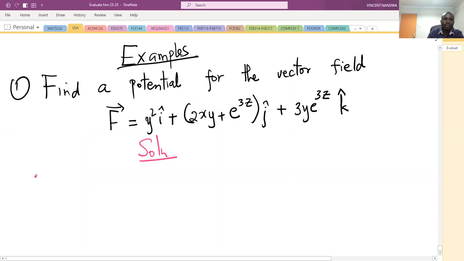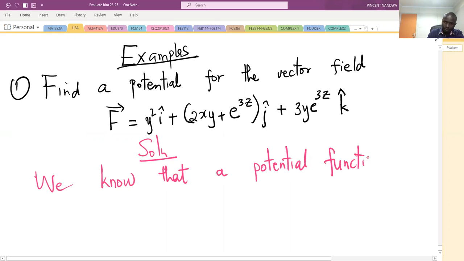We know that a potential function f exists for this vector field if and only if this equation is satisfied.